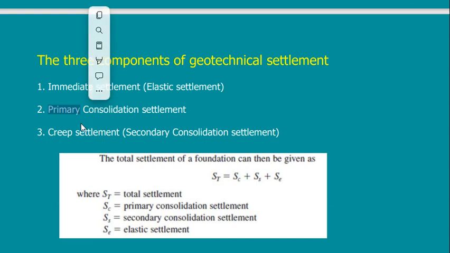A primary stage, this primary stage may take, as I said, 70 years, but still this is the primary stage of consolidation. But we have another stage of consolidation, it is called the creep stage.